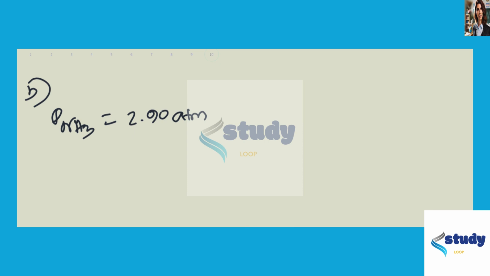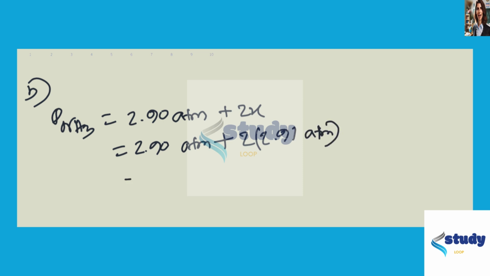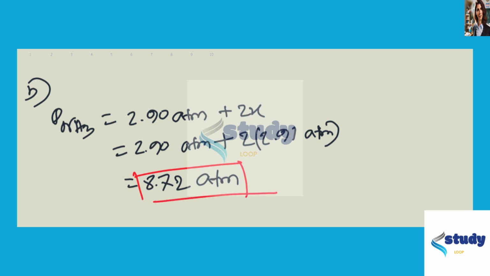So the initial partial pressure will be 2.90 atm plus 2 times x, which is 2.91 atm. And this will give us a value of 8.72 atm. So this is the initial partial pressure of ammonia.